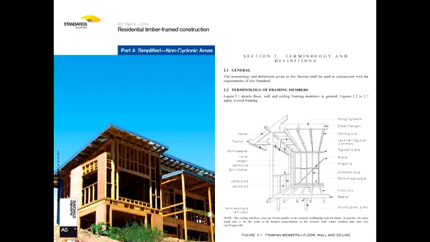The first important document you'll need to consider as the Bible for the next weeks is this Australian standard, 1684.4, which is related to residential timber framing. In that you'll find everything: terminology, definitions, all the timber elements, connections, bracing.